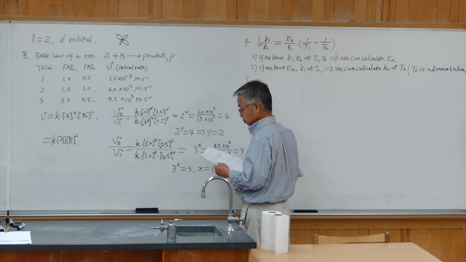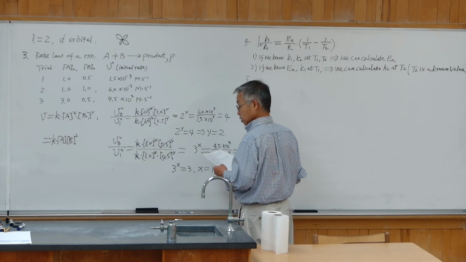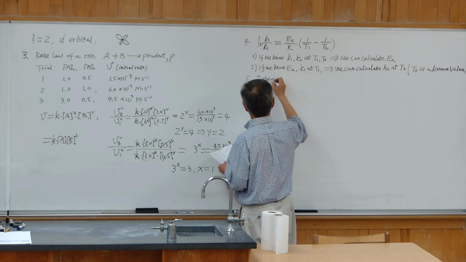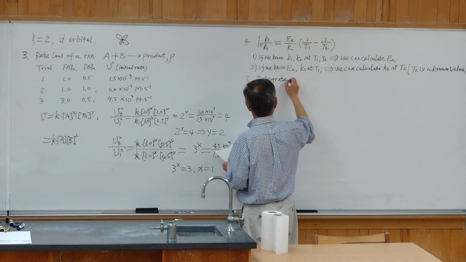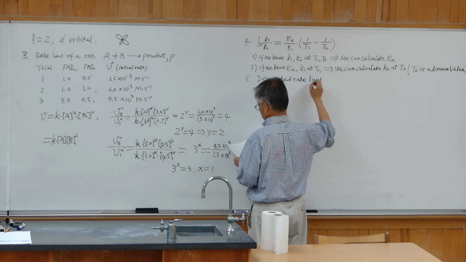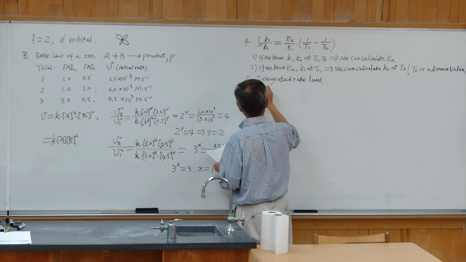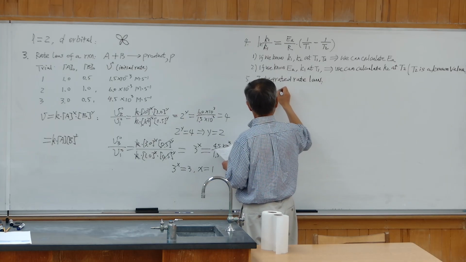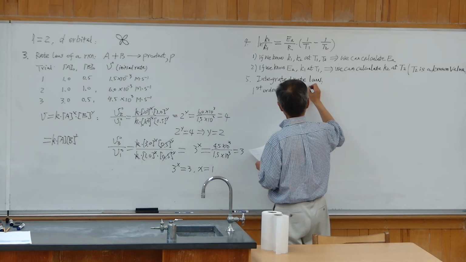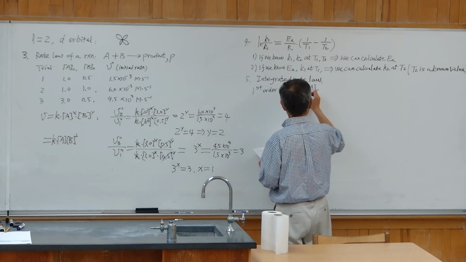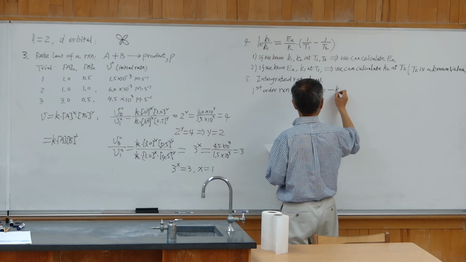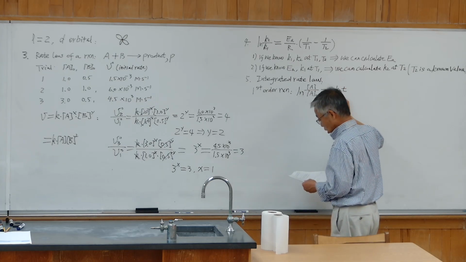Next one, still about kinetics. This is the integrated rate law. For a first order reaction, the integrated rate law is natural log of A over A0 equals negative K times T. K is the rate constant.